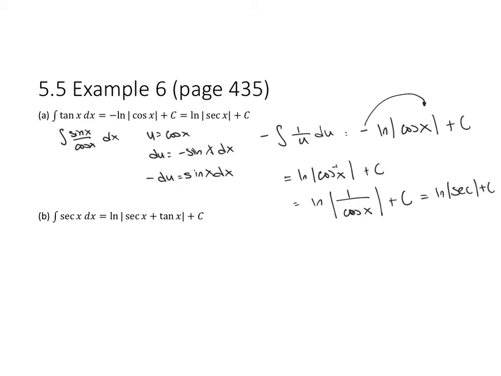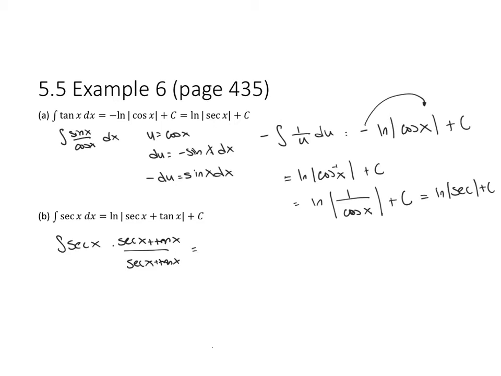This next one's quite a bit more complicated, but we'll take a stab at it. So to do the integral of secant x, the first thing we're going to do is multiply by secant x plus tan x over secant x plus tan x, which I know seems kind of weird to do, but the reason we're going to be able to do that is because then we're going to have something to use our u-substitution for.